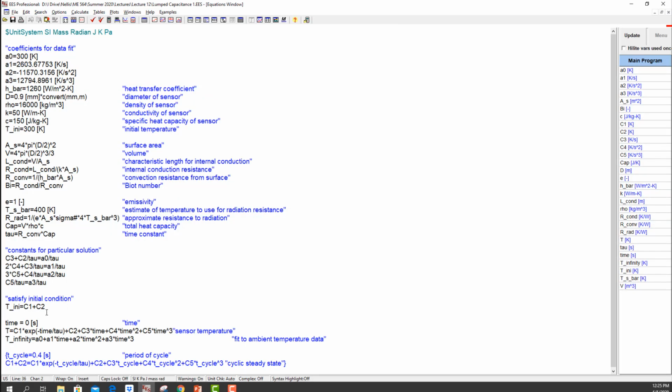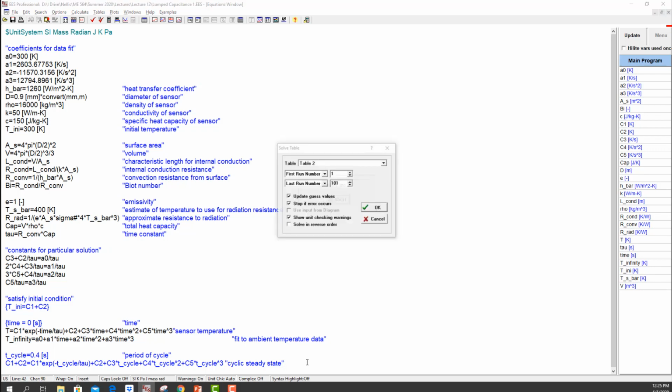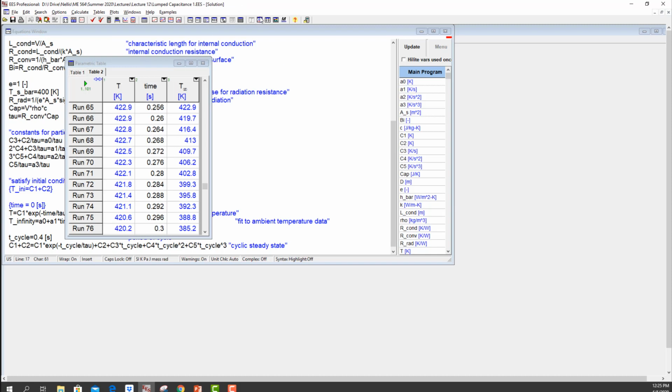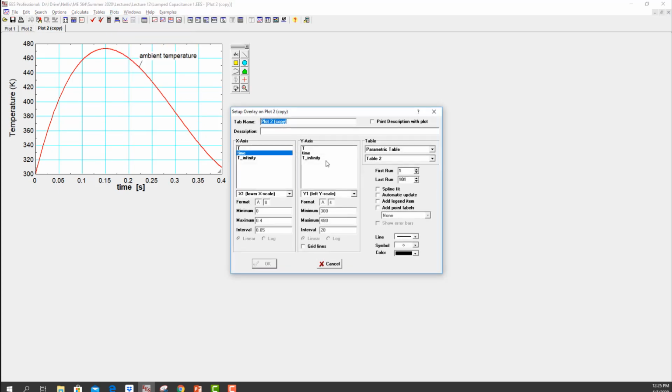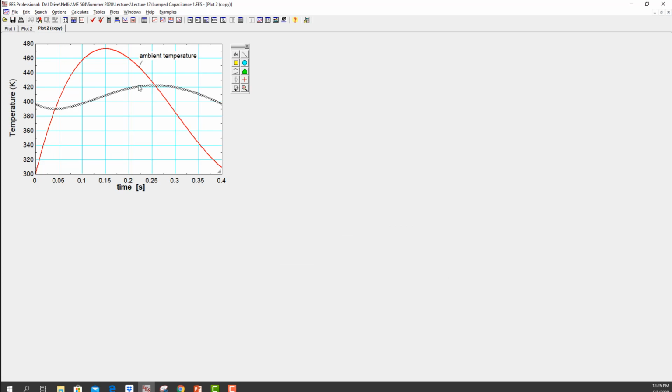I can go here, get rid of this, and do this for that last boundary condition. Now I'll hit solve, and with any luck, if I overlay on this plot the solution I just got, yeah, this is my cyclic steady state.